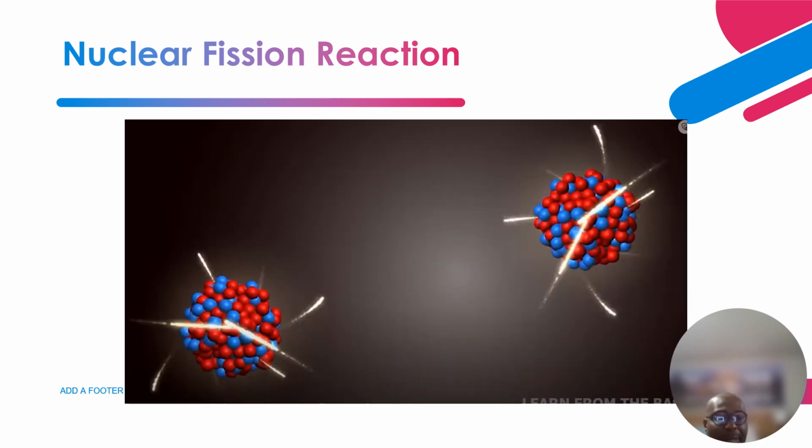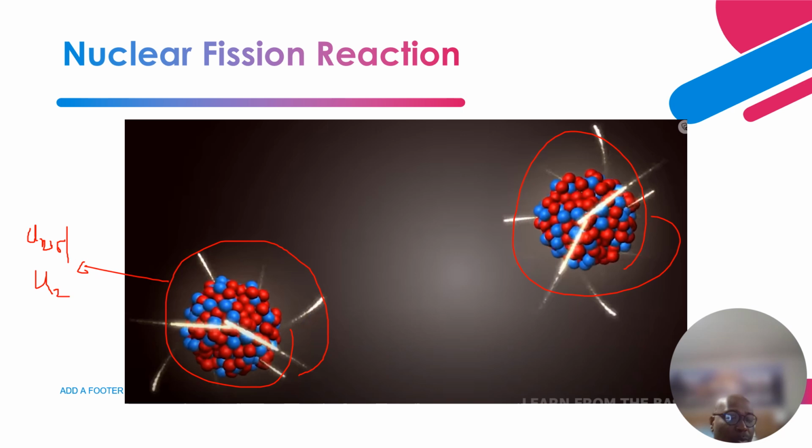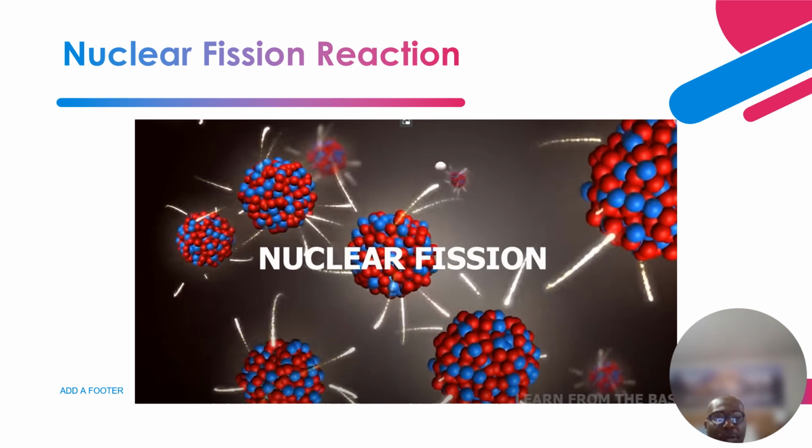This is another picture of how the uranium fuel assembly looks. This is the uranium atom, 235 or uranium 238. This is a picture of a nuclear fission: uranium 235, uranium 238 in the presence of water.